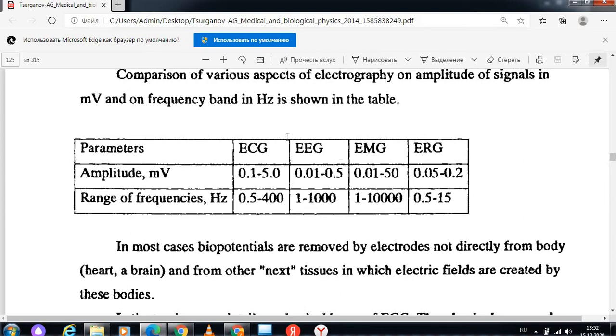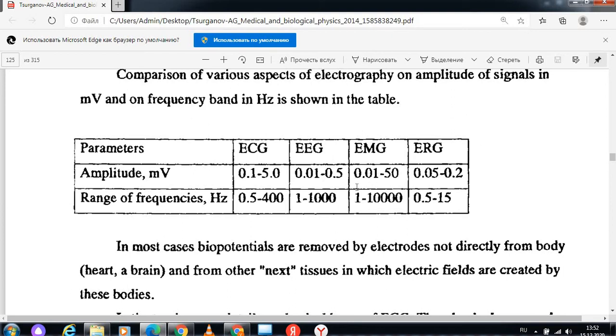So we have different types of parameters of electrocardiogram, electroencephalogram, electromyography, and electroretinography, and we have a different amplitude here, millivolts.